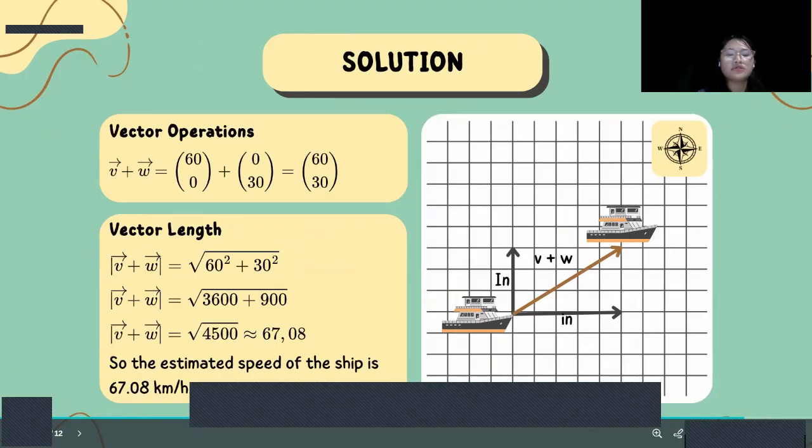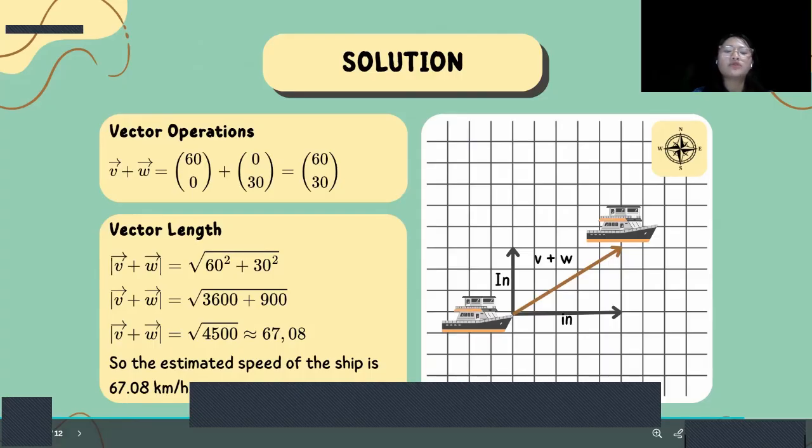Okay, to solve this problem, we represent the ship movement and the ocean current as vector. Then we add the two vectors together. Next, let's calculate the magnitude of the resulting vector using the Pythagorean theorem.